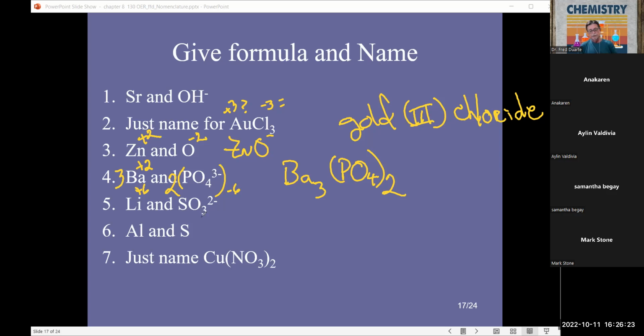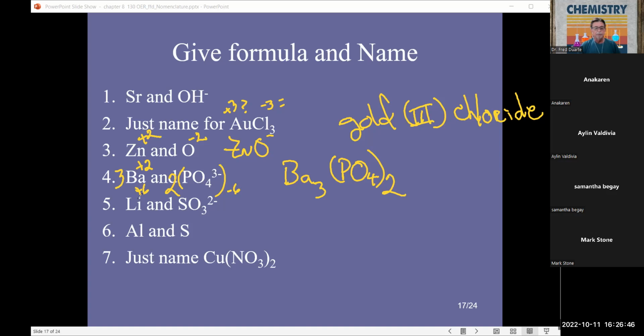All right, now we have this SO3, which at first sight, you might think sulfate. But keep in mind, the 2 examples we have for you are the sulfate, ATE, and then the one with minus an oxygen is the ITE, the sulfite. This is the sulfite example, okay?